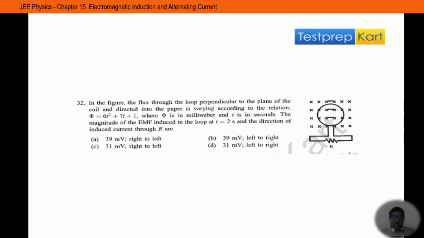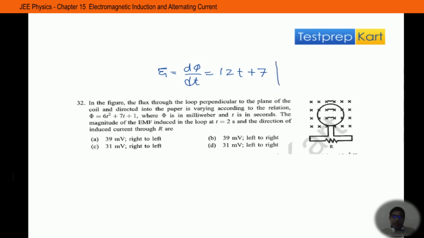So first let's calculate the EMF, then we'll discuss the remaining part. So induced EMF is the rate of change of flux. Okay. Here we are talking about magnitude, so we don't take the negative sign. Okay. So this is d phi over dt. If we differentiate this expression with respect to time, then we'll get 12t plus 7.